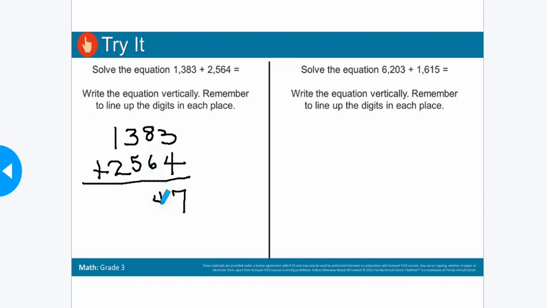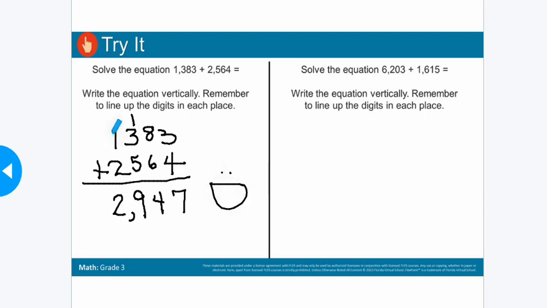So I'm going to drop that 40, regroup that hundreds place value into that hundreds column right there. I have 500 plus 3 more is 800 plus 1 more is 900. And then 1,000 plus 2,000, 3,947. Whoop, whoop. Hopefully you rocked it.